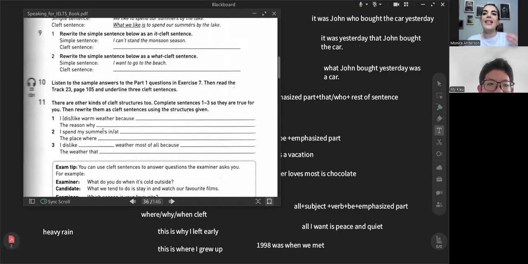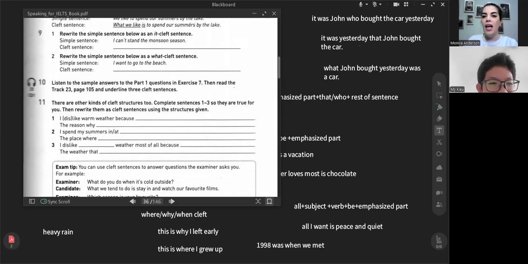Before "because" I have "is", so first I complete my sentence: the reason why I like warm weather or warm season is... because it makes me more satisfied.